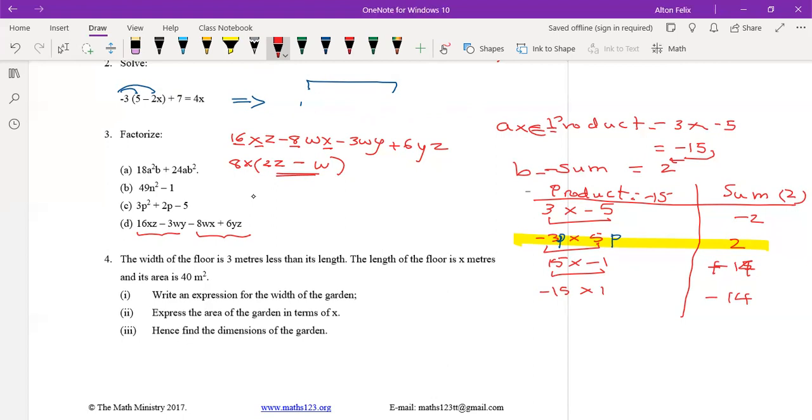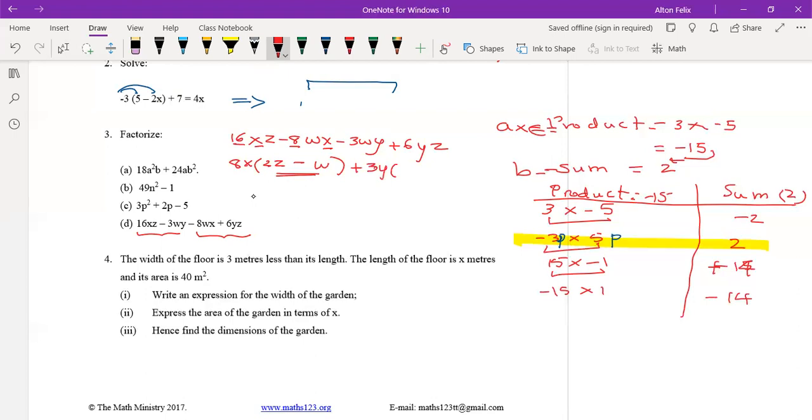Let's take out plus 3, and you can also take out a y here.